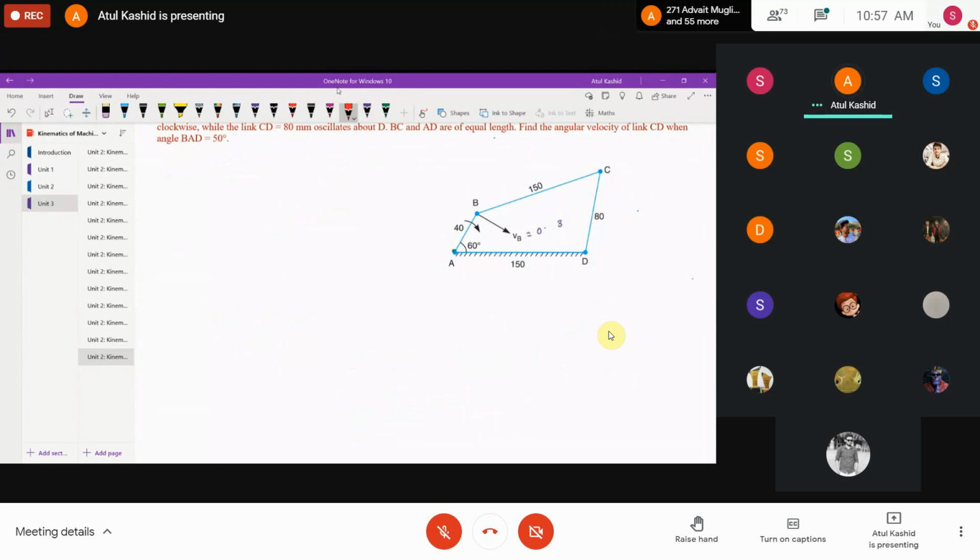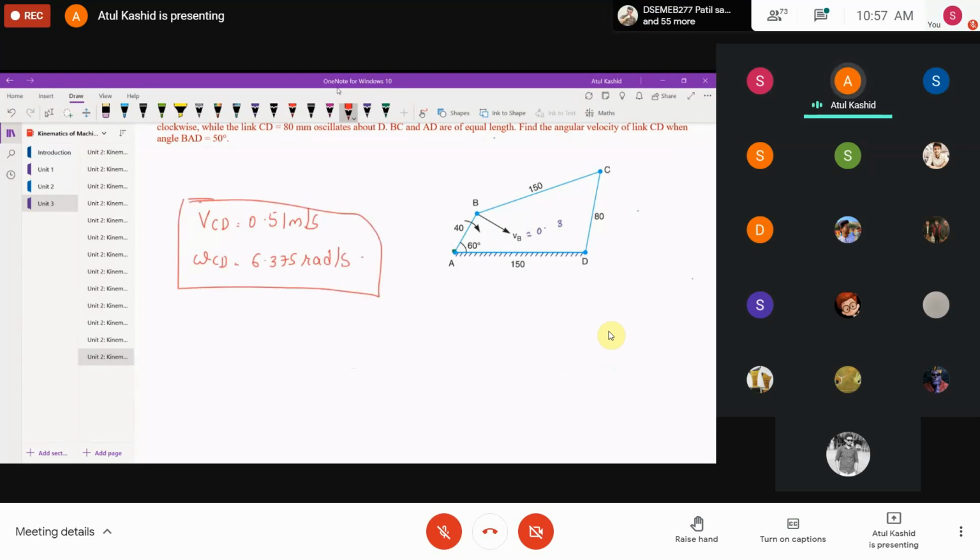So I'm writing, V of CD is somewhat 0.51 meter per second, right? Then omega of CD is somewhat 6.375 radian per second. Right, so these are the answers.